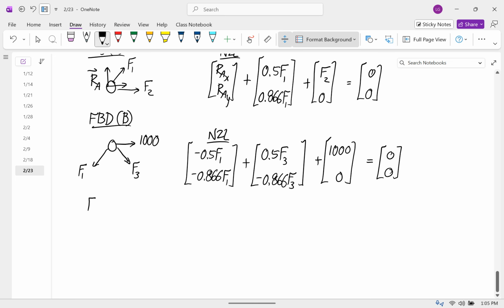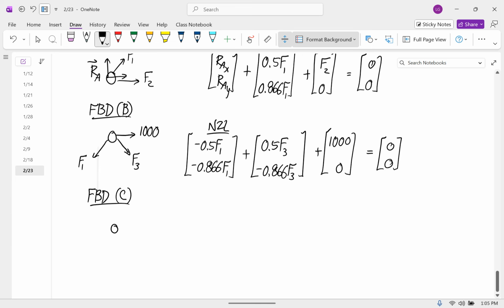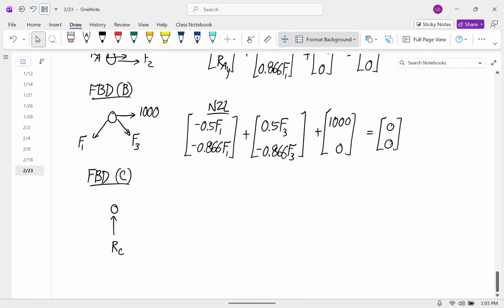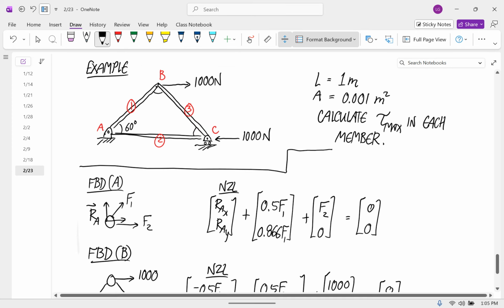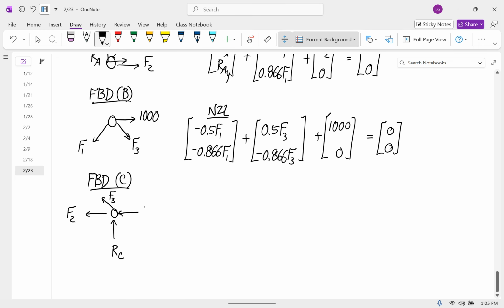And then we'll go to C. There is an upward force from that roller. So I'll call that RC. And there is the force F2 pulling this way, and the force F3 pulling this way, and then a 1,000 Newton force this way.